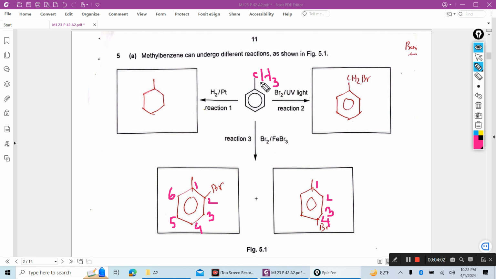If an electron donating group is attached to the benzene ring, substitution will happen at the 2 position and 4 position. That's why when methylbenzene reacts with bromine in presence of iron(III) bromide, this is an electrophilic substitution reaction, and 2-bromomethylbenzene and 4-bromomethylbenzene will be the products.